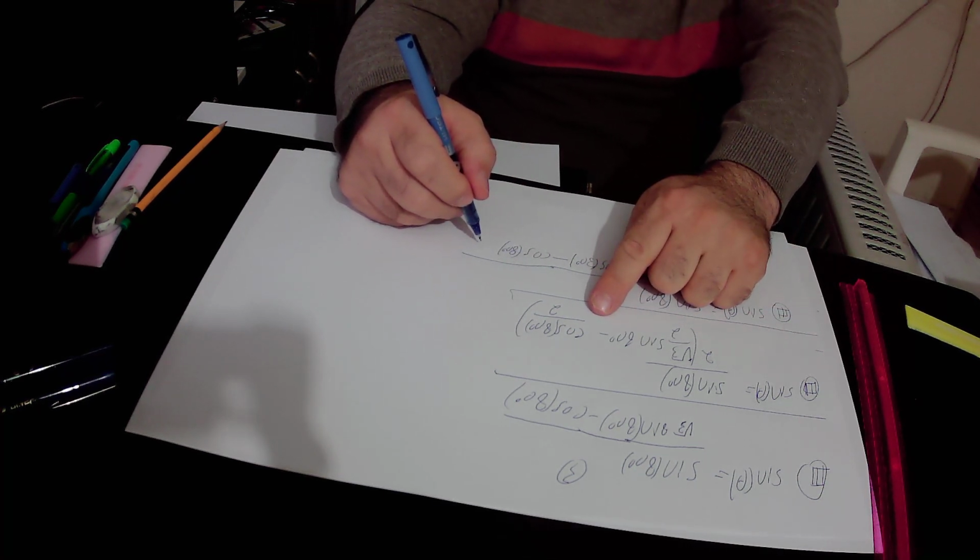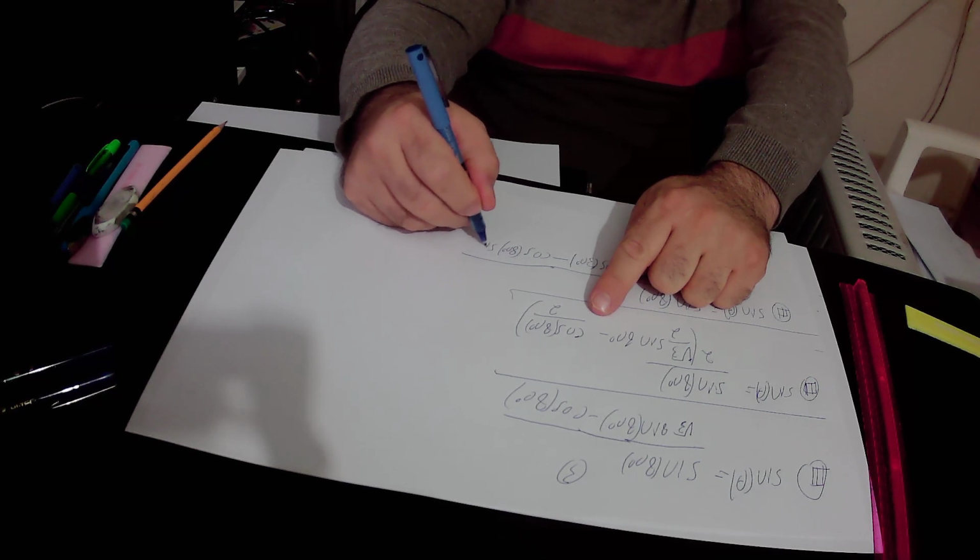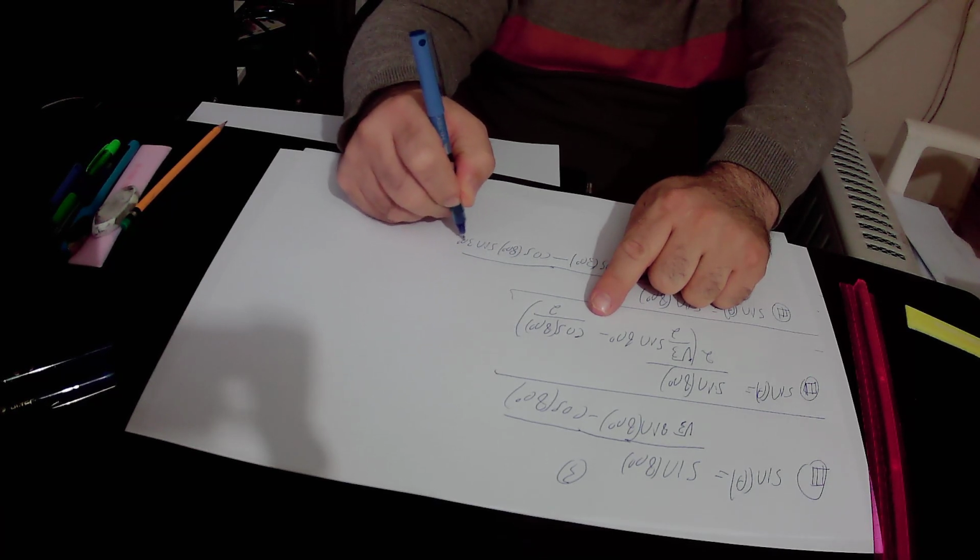So we will substitute 1 over 2 by sine 30 degrees. Okay?